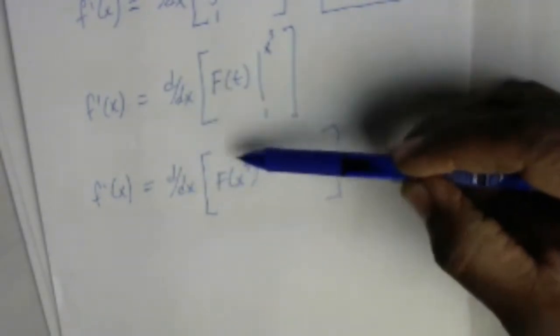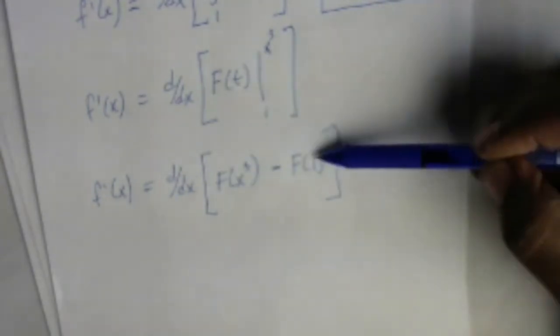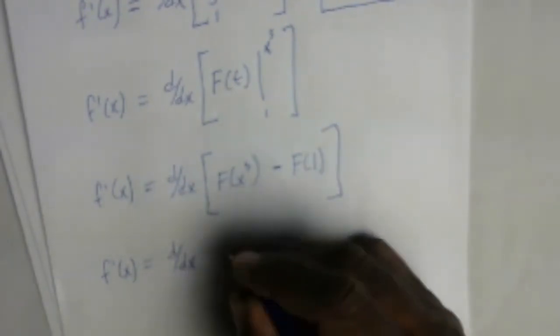Next, I'm going to distribute the derivative operator. So f prime of x is equal to d dx for capital F of x cubed minus the derivative with respect to x for capital F of 1.